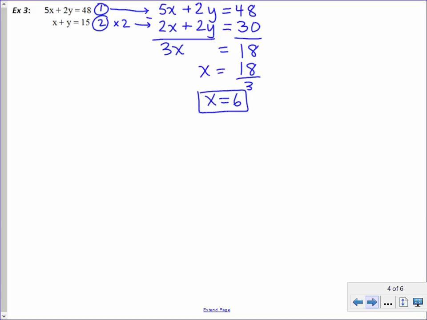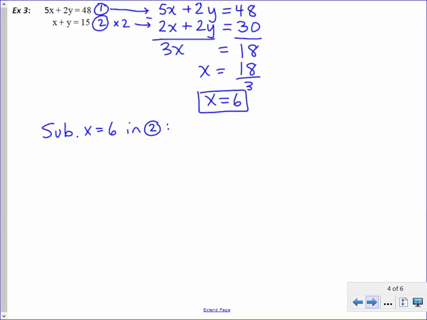So I'm going to substitute x equals 6 in. Pick an equation. 1? 2 is easier. If you substitute in 2, here's where you can do either version of equation 2.